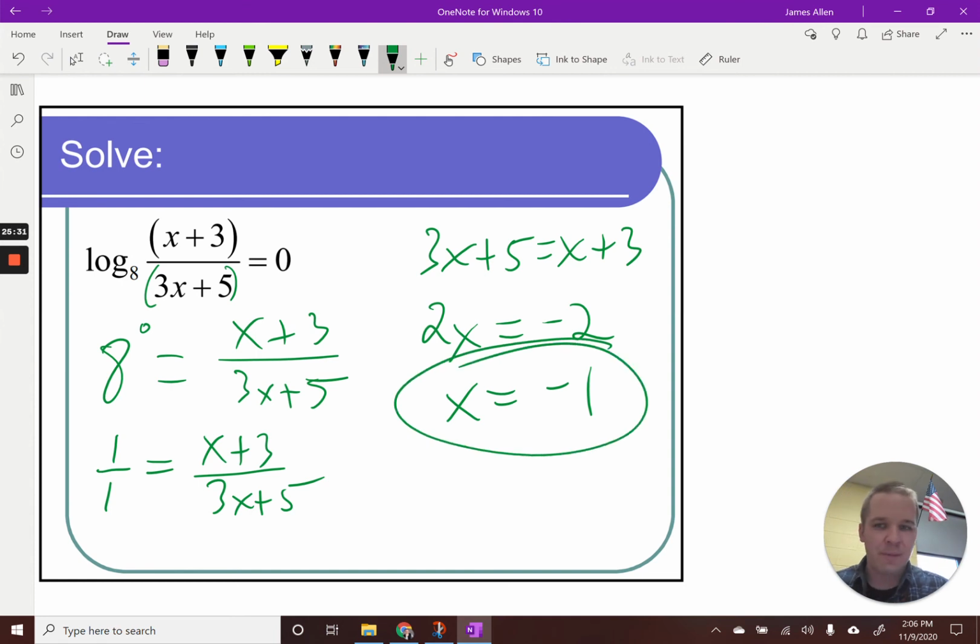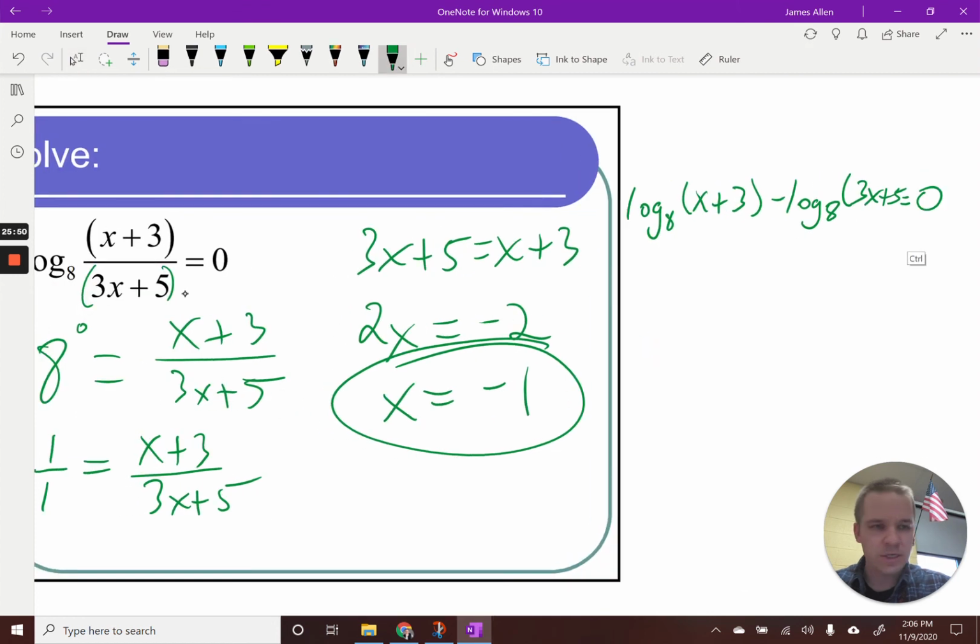I will say another option was expanding it, as I mentioned. Maybe I'll write that out and you can see how it'll work out the same. That should be minus. 3x plus 5 equals 0. I'm missing a parenthesis.